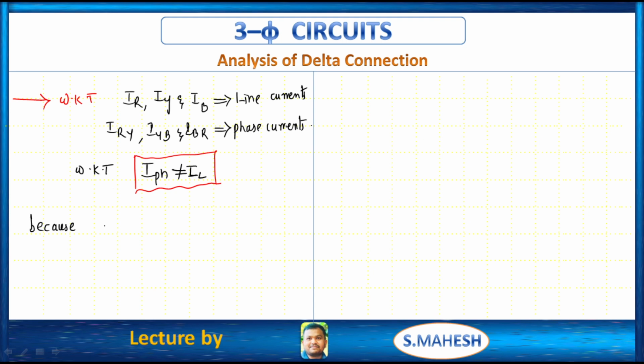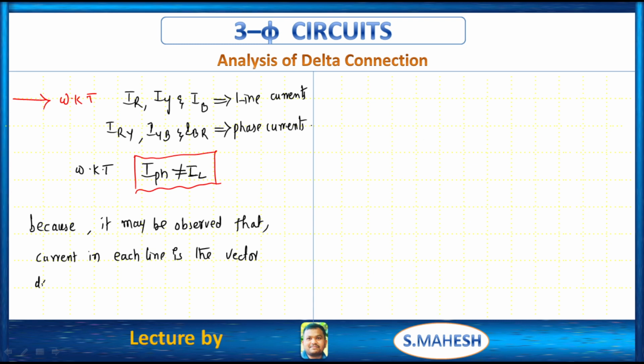Because it may be observed that the current in each line is the vector difference of two phase currents. Vector difference of two phase currents.